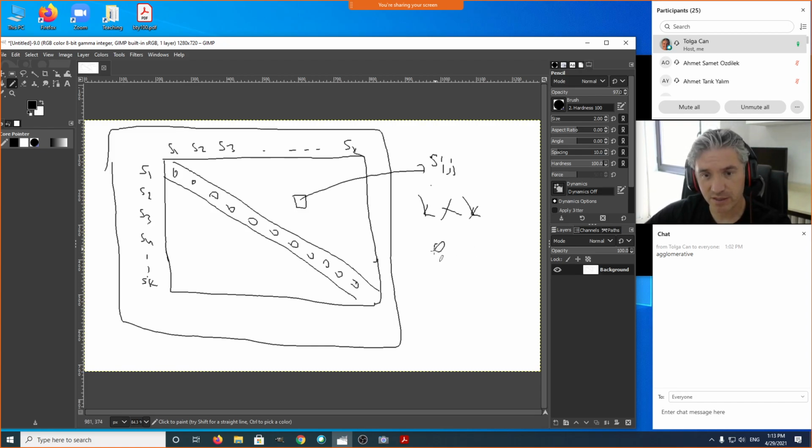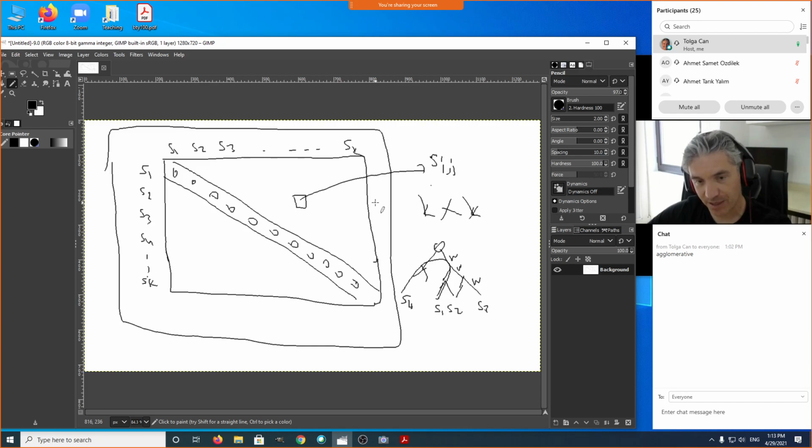So the problem is, given these similarity scores, can we have a binary tree that shows hierarchically the relationships between these sequences, with these sequences at the leaf nodes? The edges of this tree are going to have some weights, and the path distance between two sequences here, we will try to make equal to the distances that are given to us.